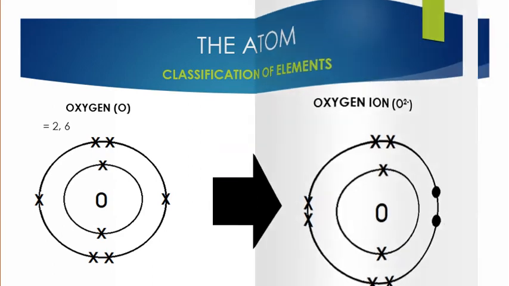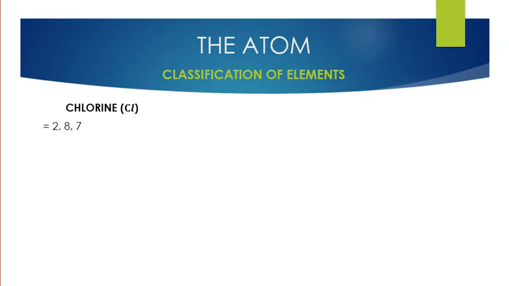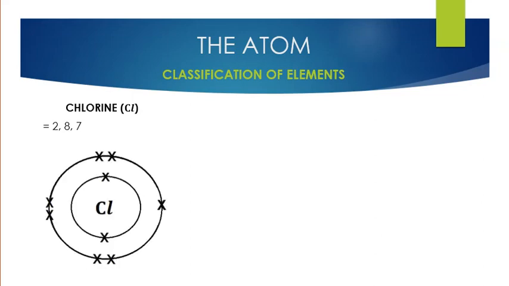So now let's look at another nonmetal, which is no other than chlorine. Chlorine has got 17 electrons. So its electronic configuration will be that, and drawing its electronic configuration will be 2, 8, 7.